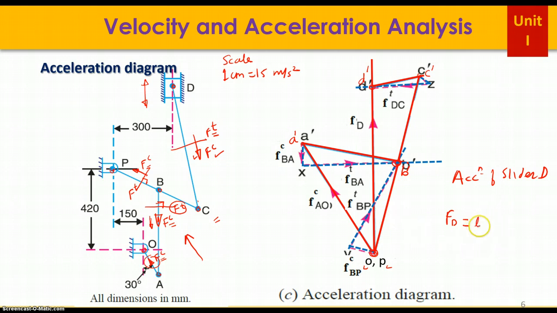So length of vector OD dash into scale. So your scale is 15 and this way you will get meter per second square. Friends, this is the way to find the acceleration.